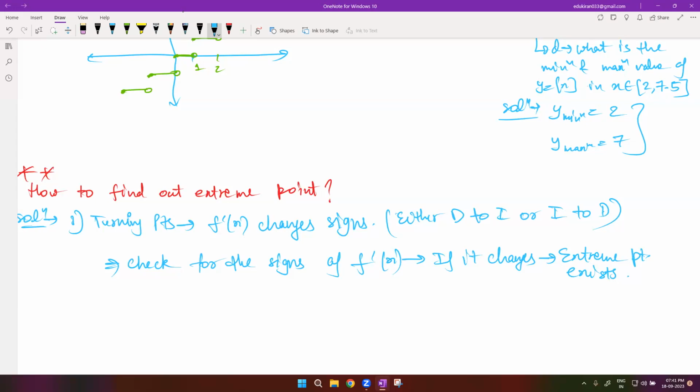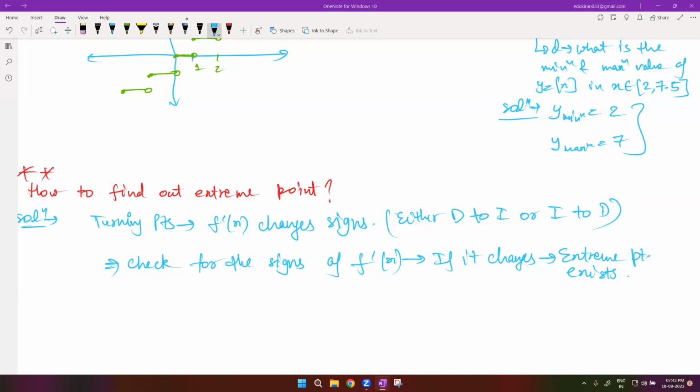Now, how do we find that out? So how do we check?